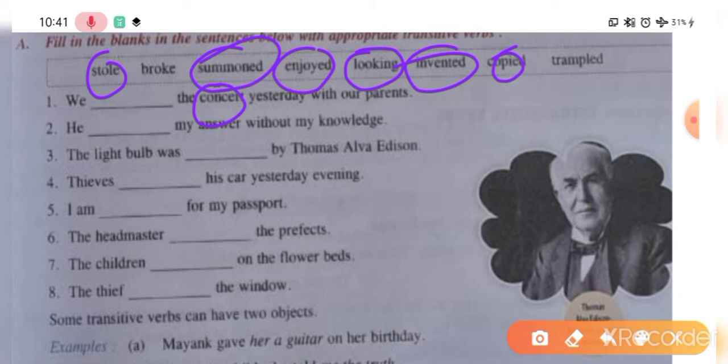Okay, so summoned. Next is the children trampled, or ruined or destroyed, the flower beds. Okay, and the thief broke the window. So all these eight questions are very easy, you just put the proper verb here.